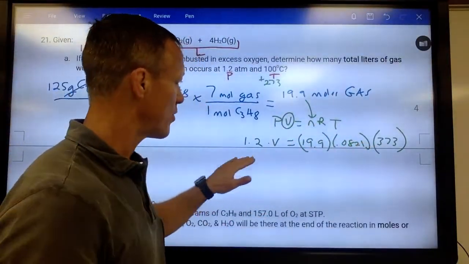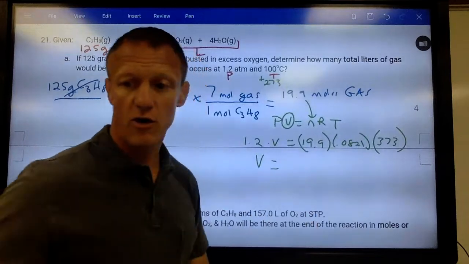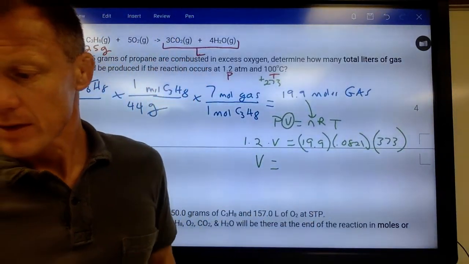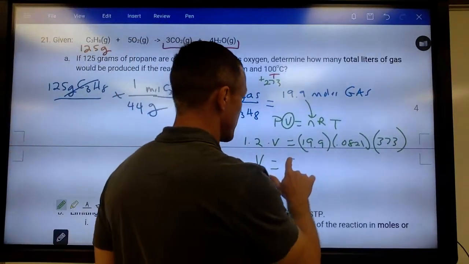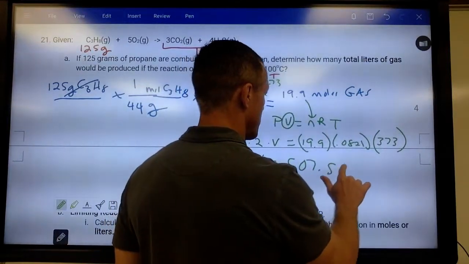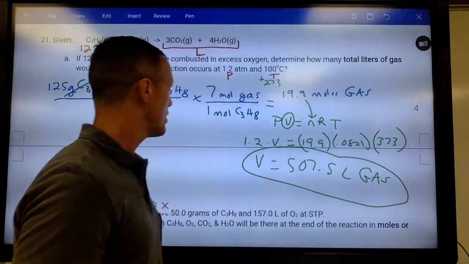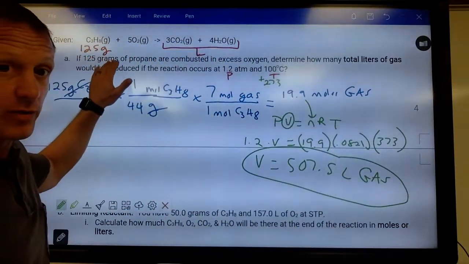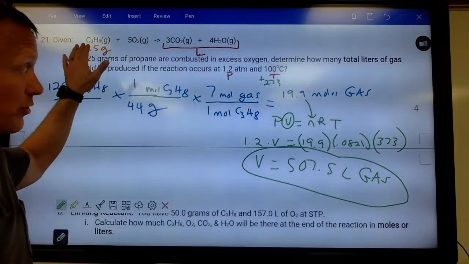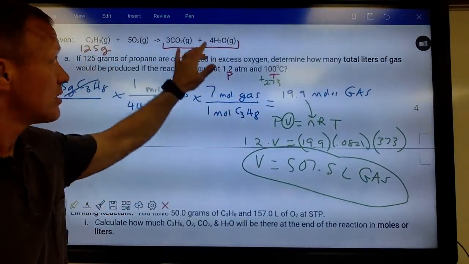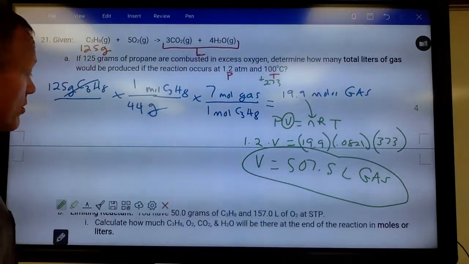Multiply, divide by 1.2. I got a volume of 507.5 liters of gas that would be made if you burned 125 grams of propane in your grill. Obviously, more of those liters would be water than carbon dioxide.